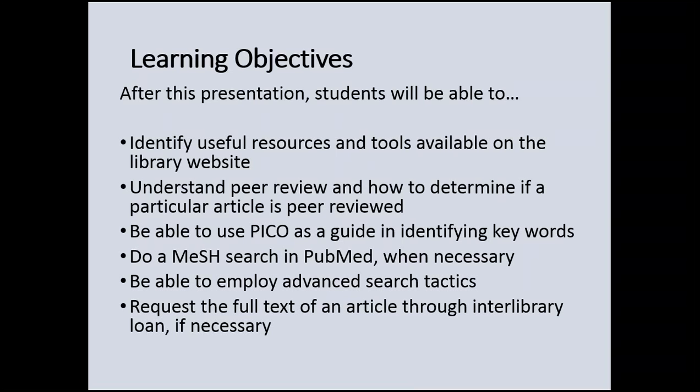We're going to talk about PICO and using PICO as a guide in identifying keywords for a database search. We're going to do a MeSH search in PubMed, and I'll show you how to do a MeSH search and also when you might want to do a MeSH search. We're going to talk about using advanced search tactics and also review again how to go about requesting the full text of an article through our interlibrary loan service if it's not available immediately through our library.